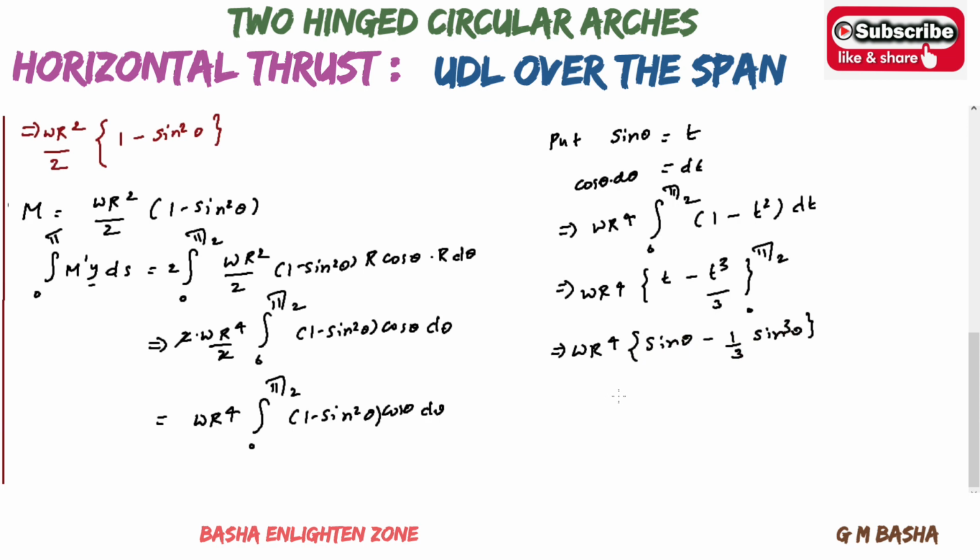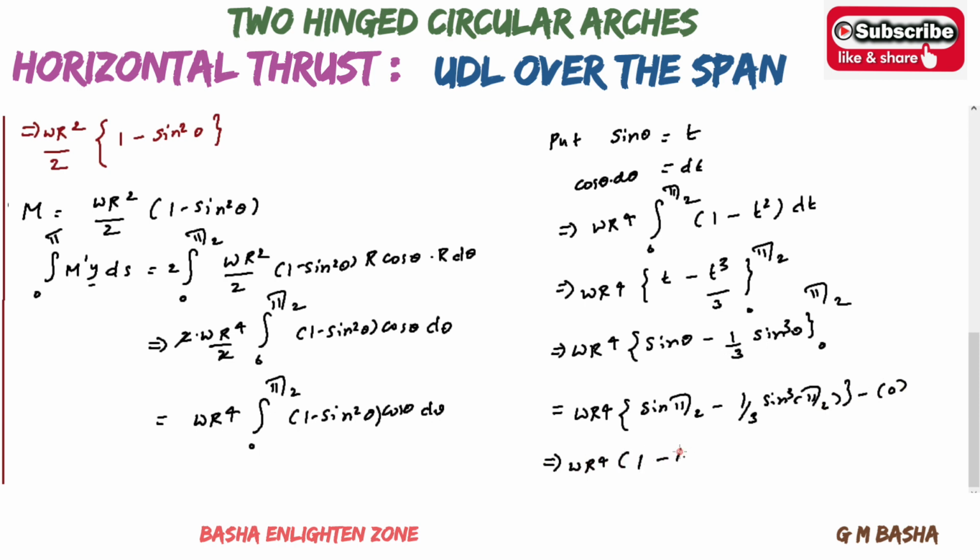Then apply upper limit minus lower limit. Upper limit will be W r power 4 times (sin of pi by 2 minus 1 by 3 sin cube pi by 2). Lower limit: sin of 0 is 0, minus sin cube of 0 is 0. So if you simplify this one, how you will get: W r power 4, sin pi by 2 value is 1, minus 1 by 3 sin cube of pi by 2, 1 to the power of 3 is 1 only.